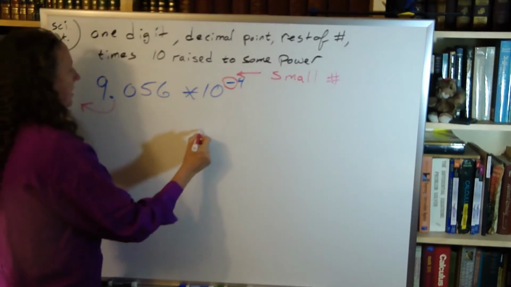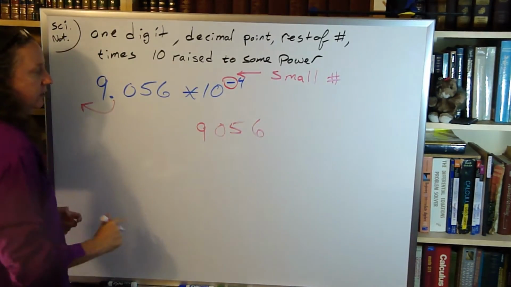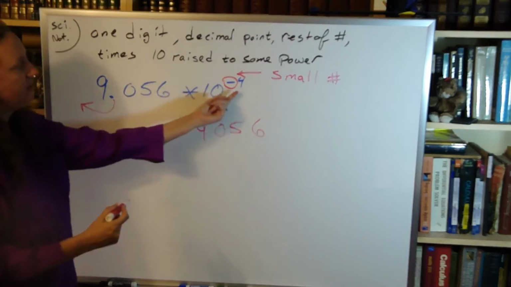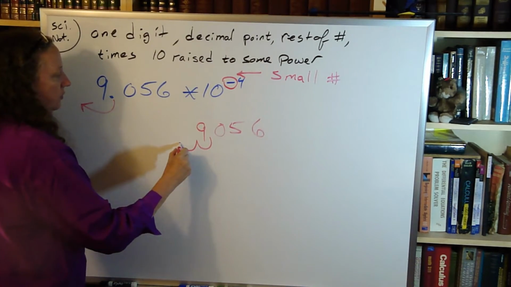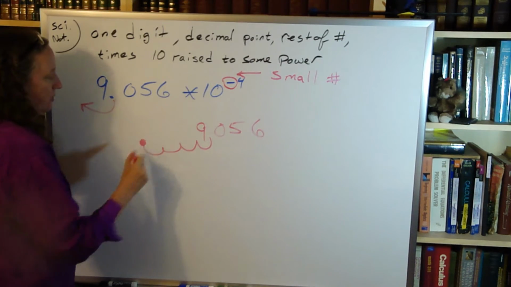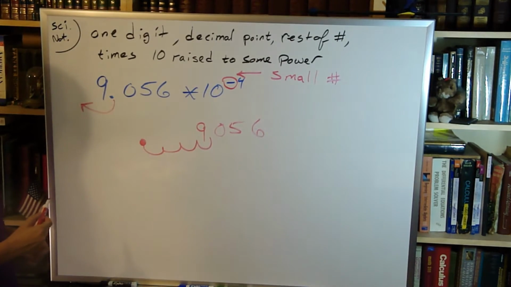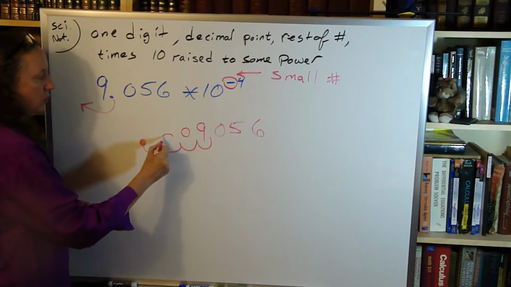So I'm going to write down my 9056 over to the right a little bit, and I'm going to count out 4 spaces. 1, 2, 3, 4. Now I know where my decimal point is going to be. I need to fill in my placeholder zeros.